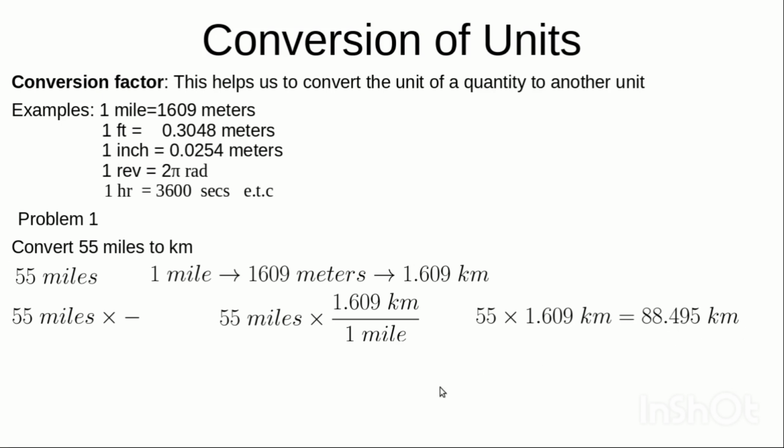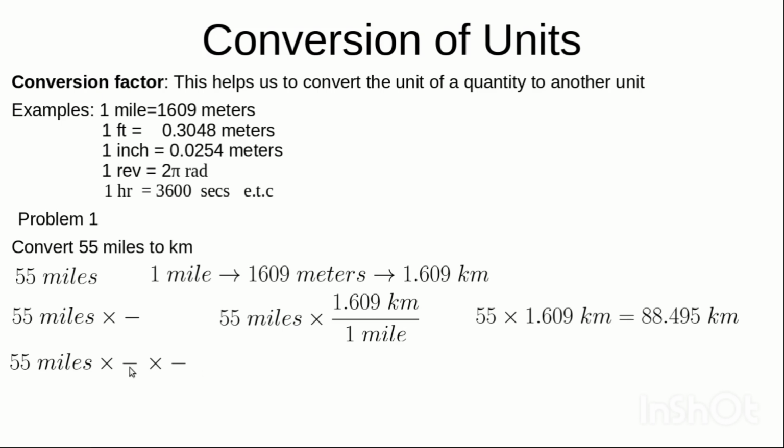Or another way you can solve this problem, peradventure you don't know this conversion from 1 mile to kilometer. We only know 1 mile to meters. So what we'll do is to convert this mile to meters, then from meters to kilometer. So in doing so, because we have 2 steps, 2 stages, we have to provide this expression, 55 miles times 2 dashes, right?